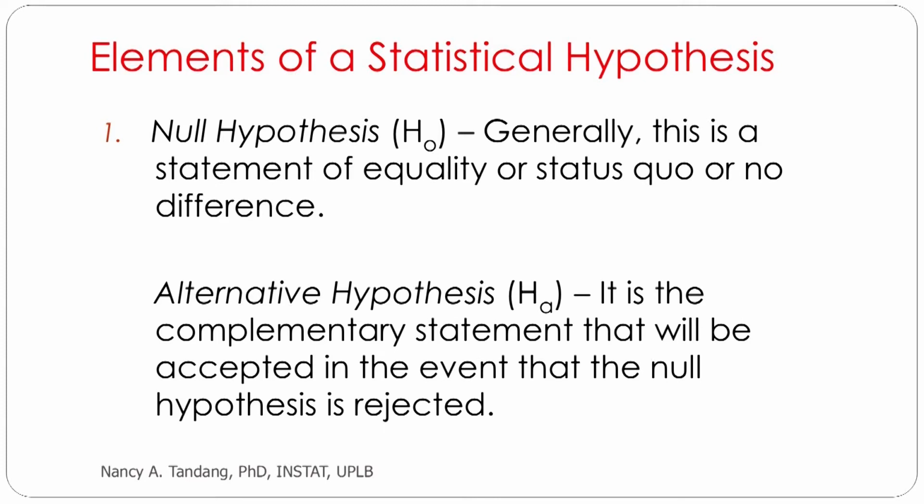While alternative is usually the researcher's hypothesis. So this contradicts your null hypothesis. So this is the hypothesis that you will accept in case you reject the null hypothesis. So mutually exclusive po yan, ha? So hindi pwedeng nag-overlap. Okay?